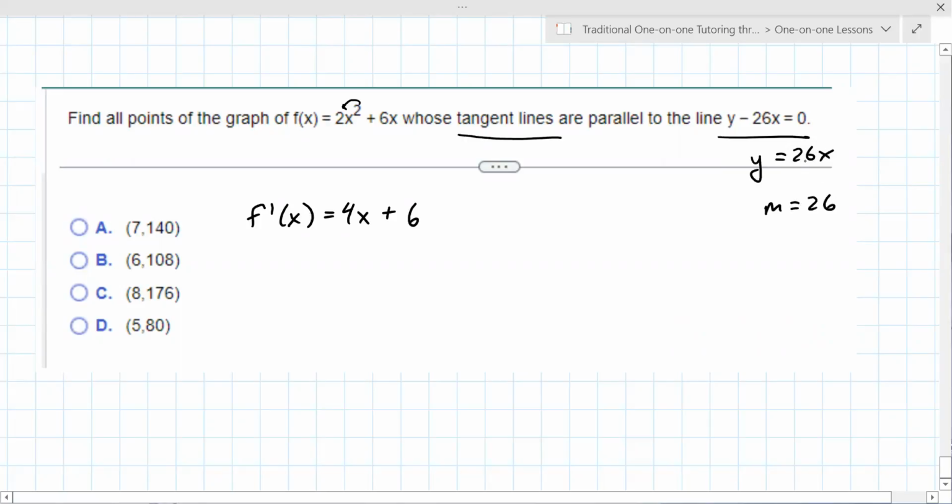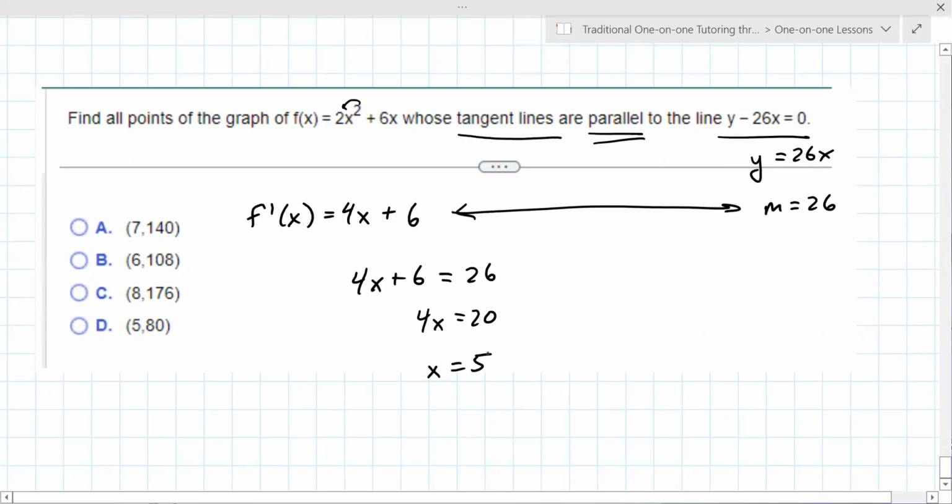The slope is the number in front of x. If they're parallel, they have the same slope. So you set 4x plus 6 equal to 26 and solve for x. You subtract 6, so 4x equals 20, divide by 4, so x is 5. That's your x value. Because it's multiple choice, there's only one that has that x value. We don't even have to find the y value.